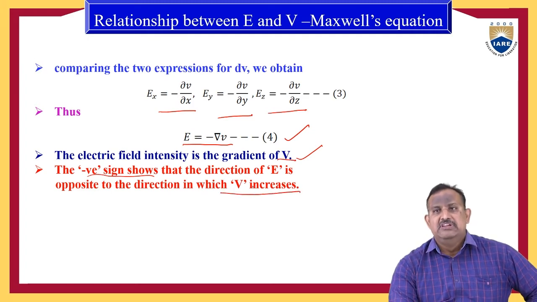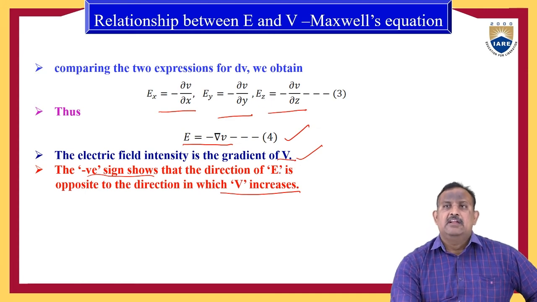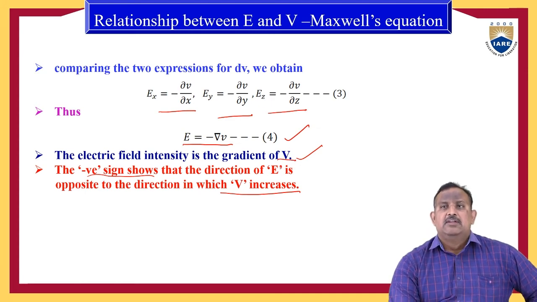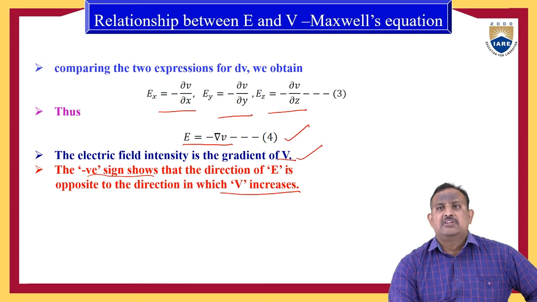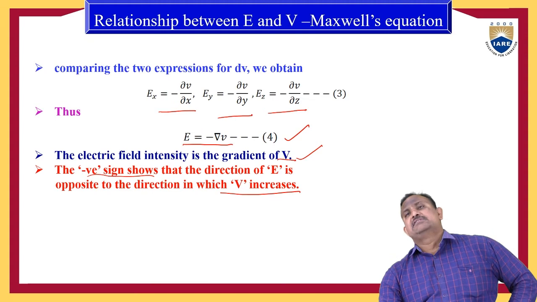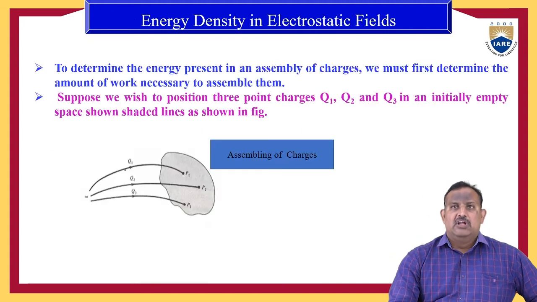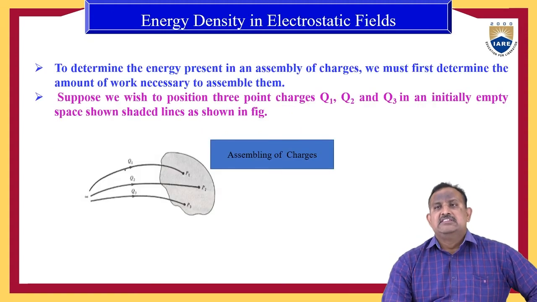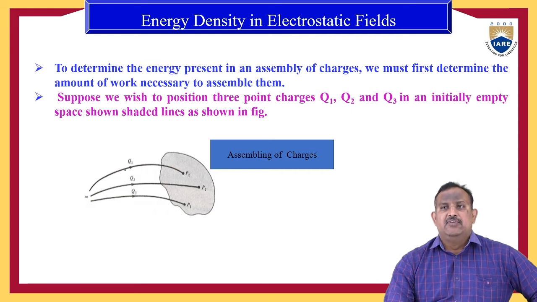Both are opposite to each other. So this is the relation between electric field intensity and potential, which is also known as a Maxwell equation for the static electric field. Now we will discuss the energy density in electrostatic fields.